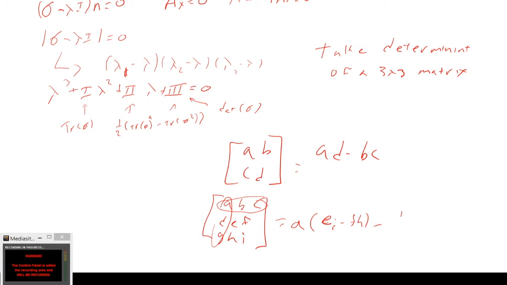Let's go down D, so that blocks off this and this, times the determinant of the resulting, so that becomes BI minus CH plus G times BF minus CE. So if you don't remember how to take the determinant of a 3 by 3 matrix, look it up. Go to Wikipedia.